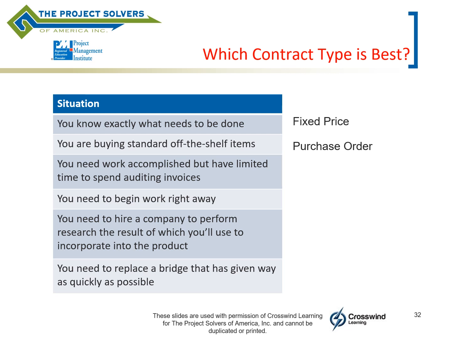What if you need to have work accomplished but don't have a lot of time to audit invoices to ensure that the costs are what you're being billed? Then if you don't want to be auditing invoices to match up costs with your receipts, fixed price is probably the way to go.